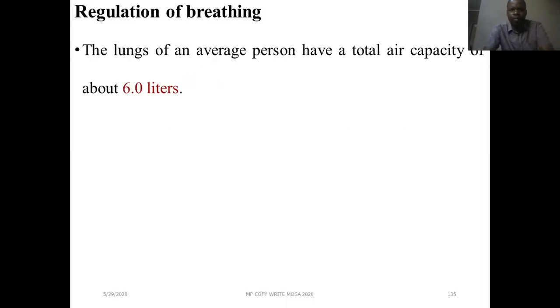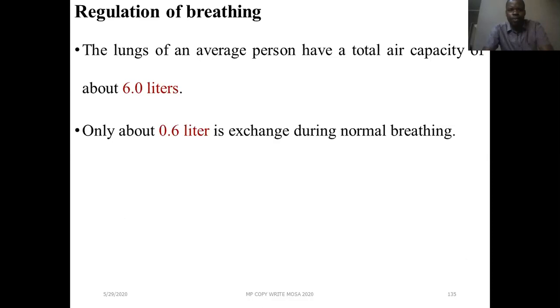The lungs of an average person have a total air capacity of about 6.0 liters, which is about 6,000 milliliters. Only about 0.6 liters is exchanged during normal breathing.